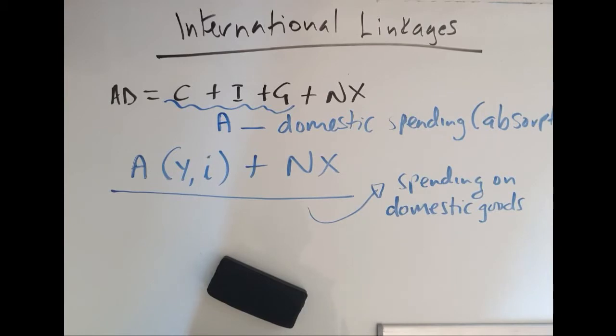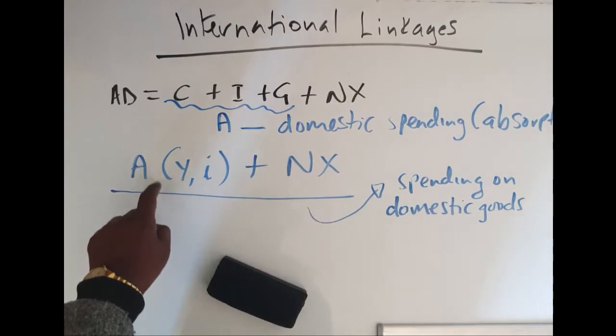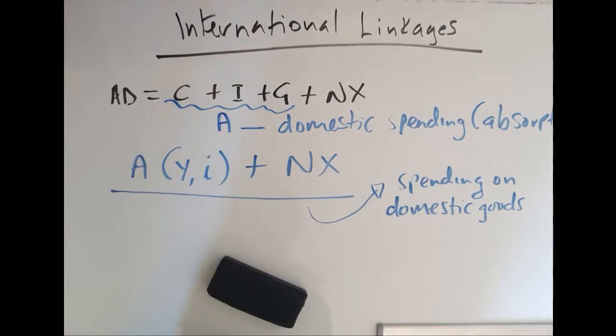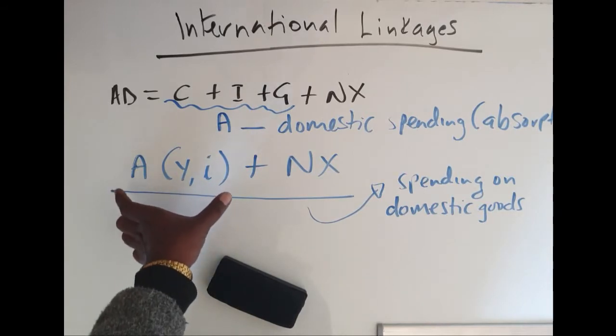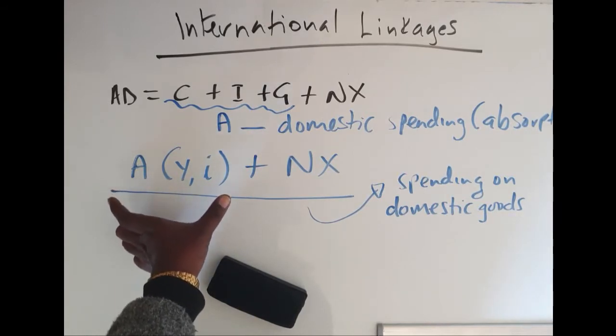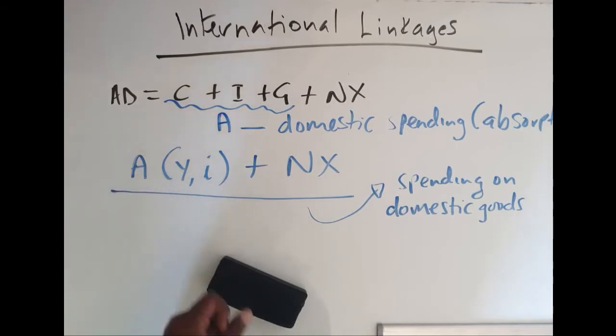So it means that if net exports is badly affected and the domestic spending is quite low, then the economic growth may be affected badly. But if domestic spending is relatively large, then even in the presence of a shock, the economy can have some growth of some sort, because domestic spending is able to finance production.